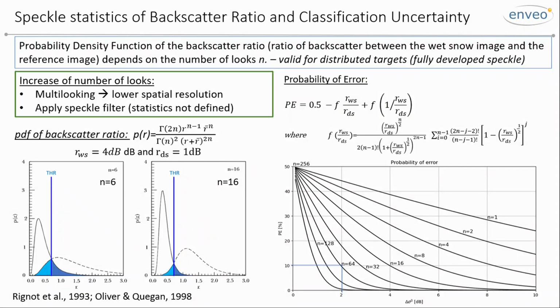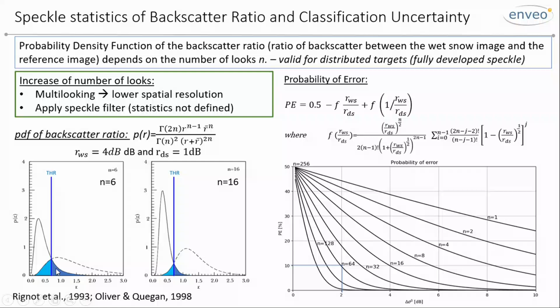What is the disadvantage of this? The disadvantage is that you are losing spatial resolution. And therefore, you can apply a speckle filter. When we look here at the PDF of the backscatter ratio at 6 looks and 16 looks, and the difference would be from minus 4 dB to minus 1 dB, then we have in principle this distribution, and when we apply a threshold with 6 looks, I see in principle these misclassifications here.